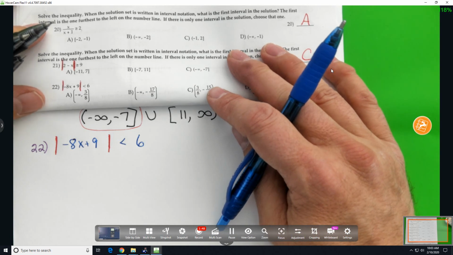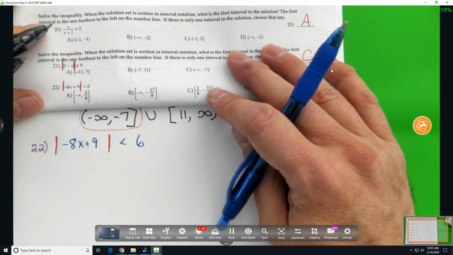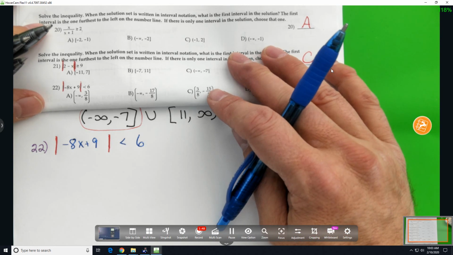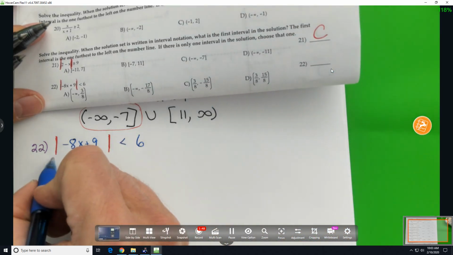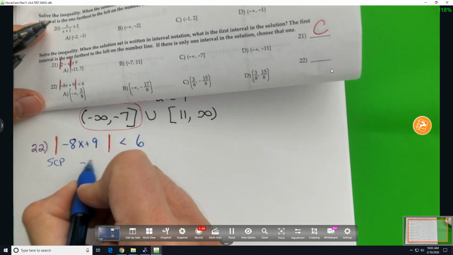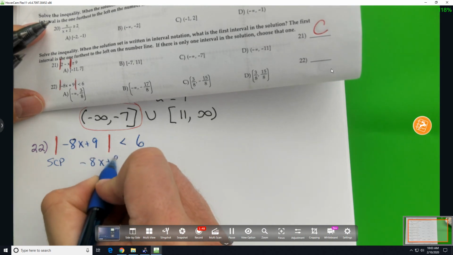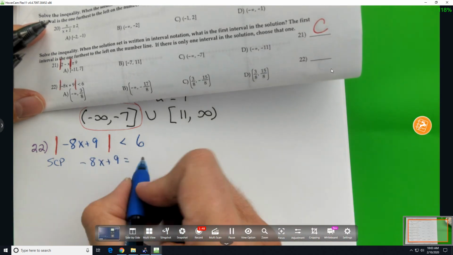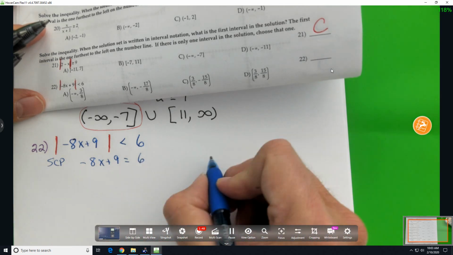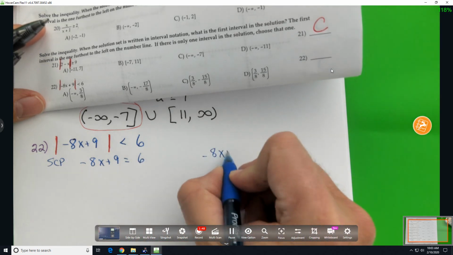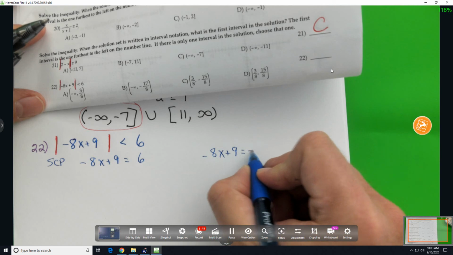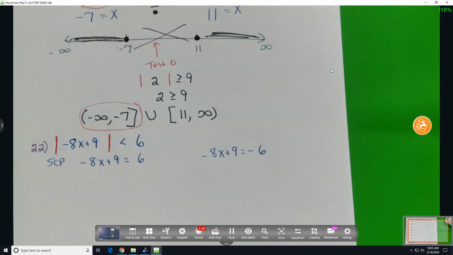How do I start it? Solve for the cut points by going -8x plus 9 equals +6, and -8x plus 9 equals -6. Finding the cut points for these ones with the absolute value in it really isn't that difficult.